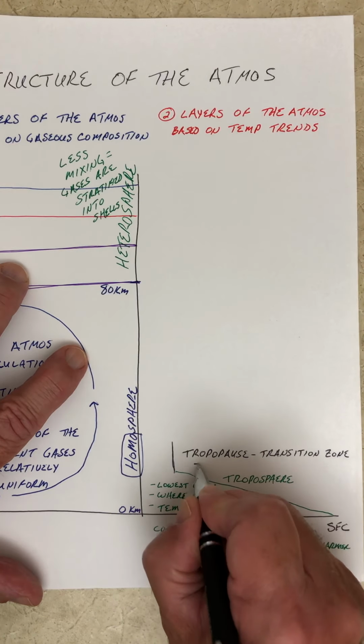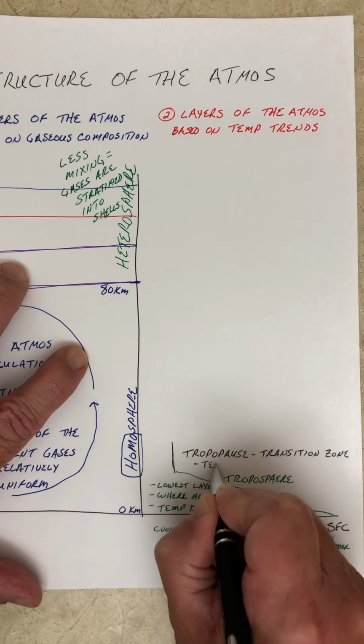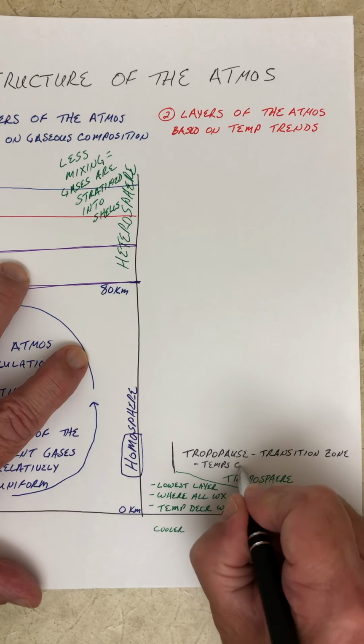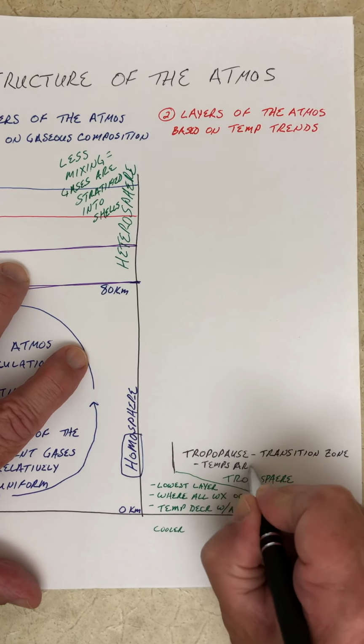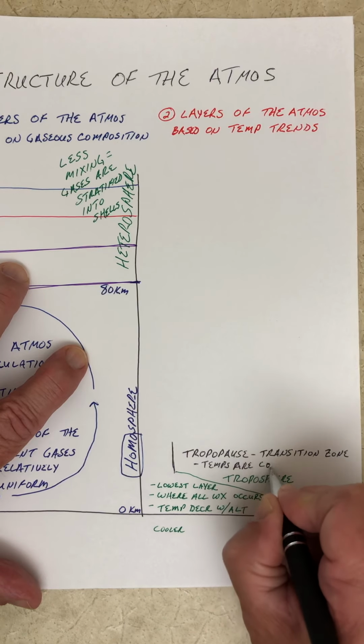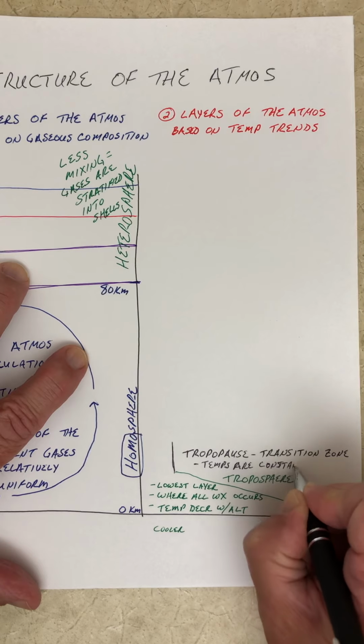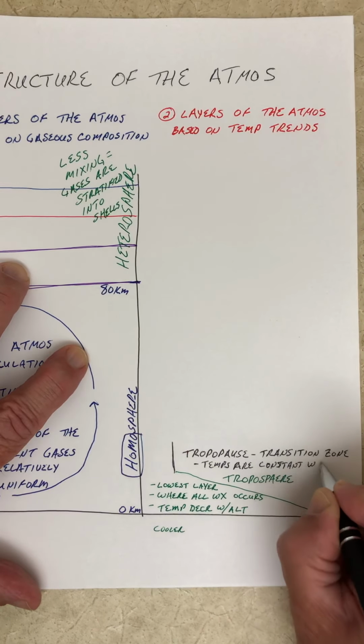And in the tropopause, temperatures remain pretty constant with height. So temperatures are constant with altitude.